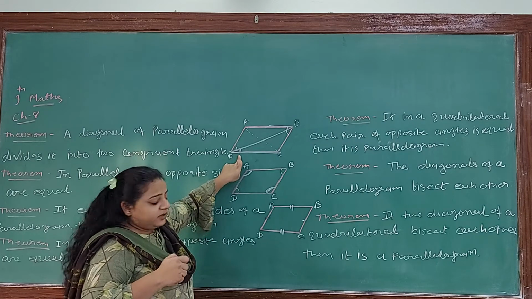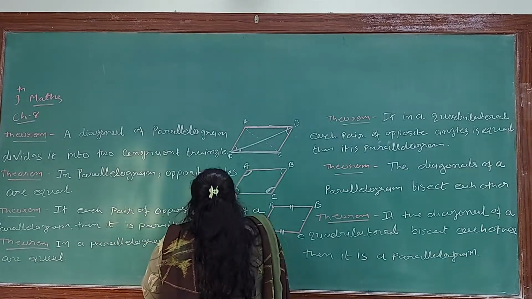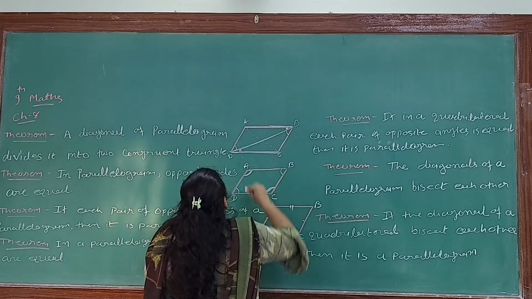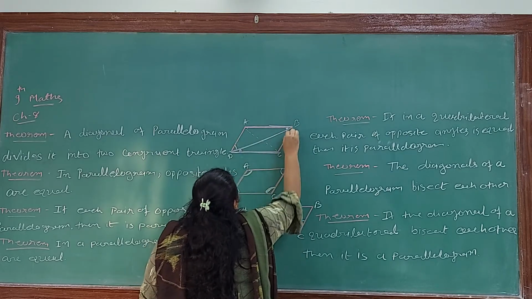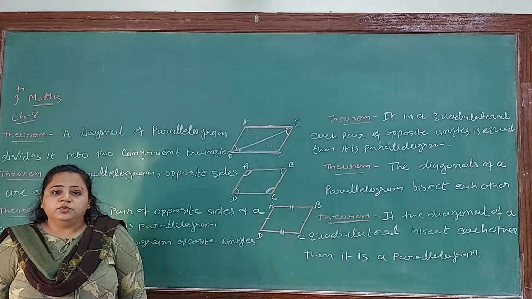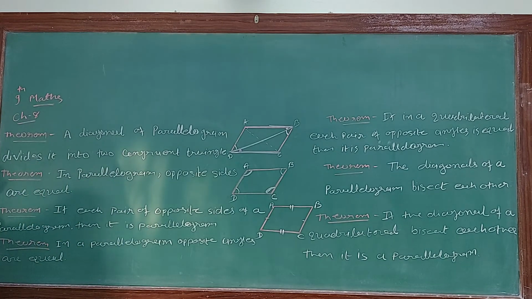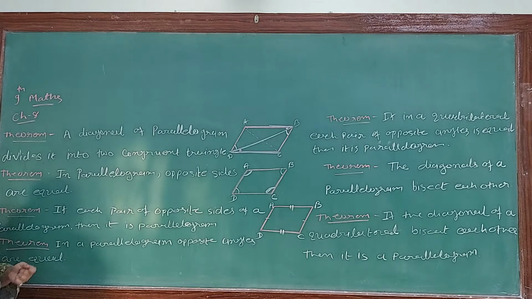So in this way you can see the purple colored angles are equal and the white colored angles are equal, right? So the diagonal of a parallelogram divides it into two congruent triangles.